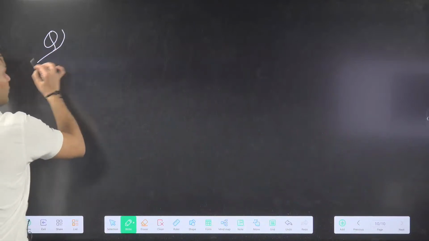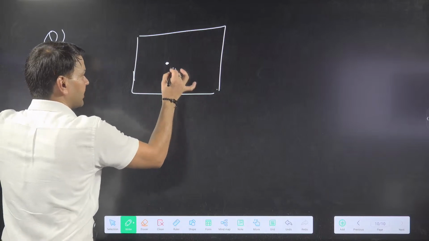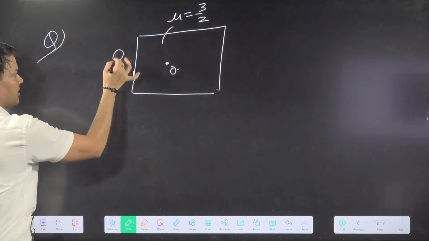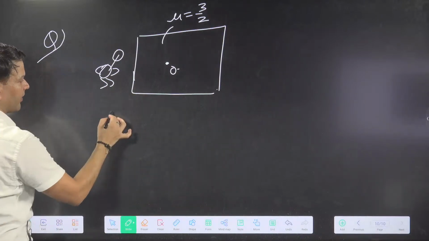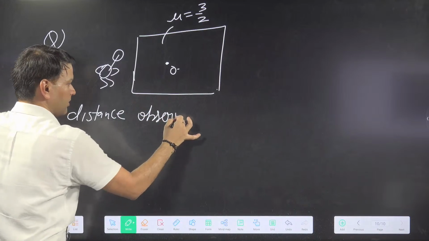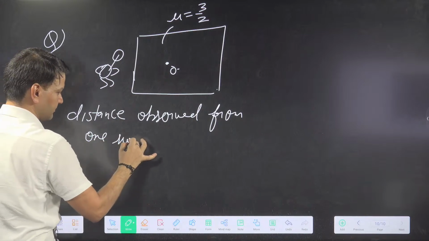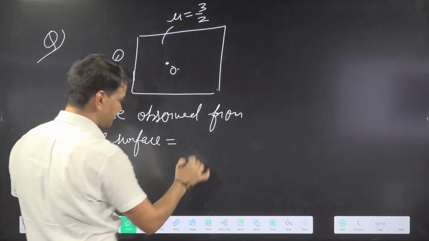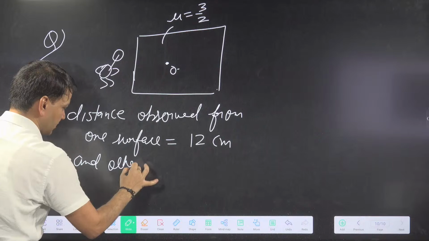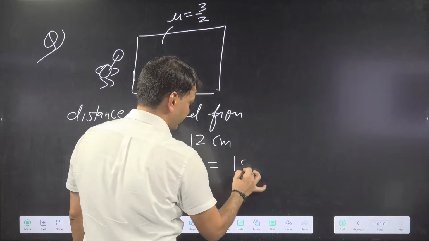This is a common question, already asked in NEET. There is a cube of refractive index 3/2. Observed from one surface, it appears at a distance of 12 centimeter, and from the other surface at 15 centimeter.